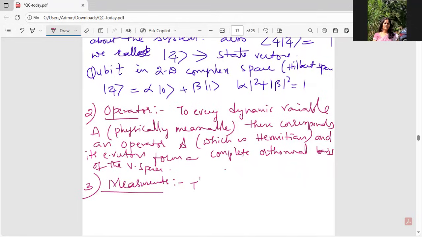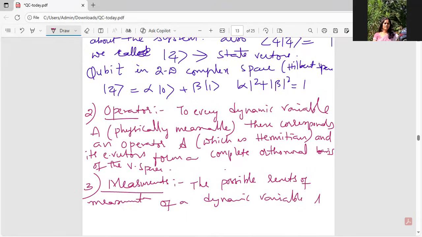The possible results of measurement of a dynamic variable A are the eigenvalues an of the operator A. Whatever operator or matrix I am considering, I'll take its eigenvalues.